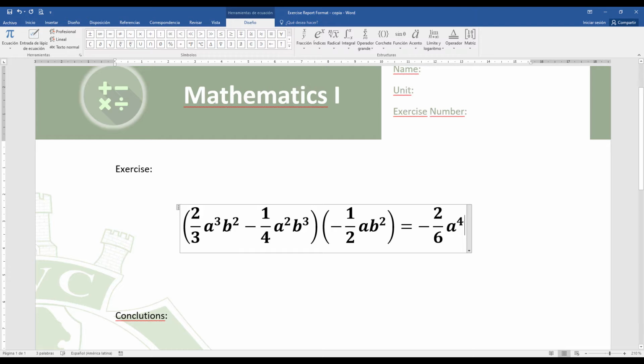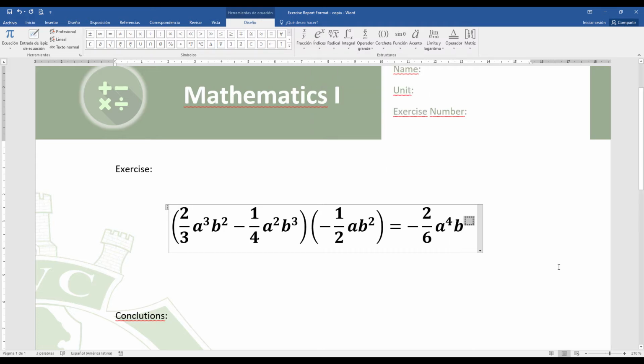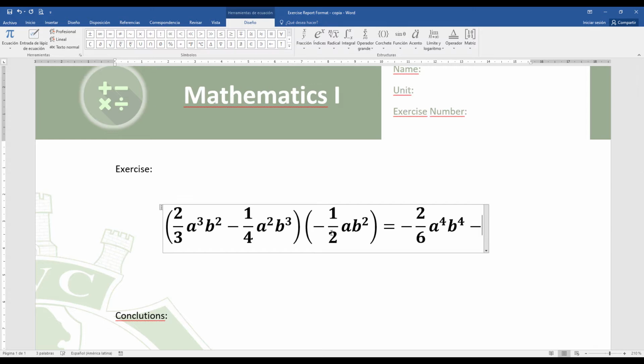And b squared times b squared, again you need to add the exponents, so it's b raised to the 4th power. Now, less times less is plus.